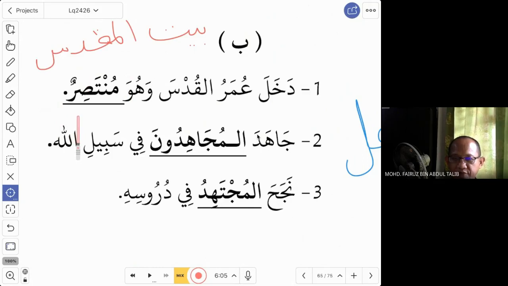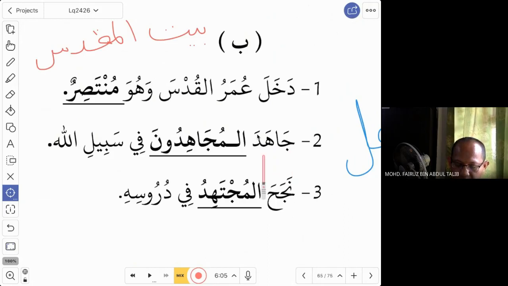This is the isim fa'il. But if you look at the wazan, it does not follow the wazan of a fa'il. Here we have this letter mim in the beginning. So we want to learn what is the wazan. We go through the second one and then we go back to the wazan.